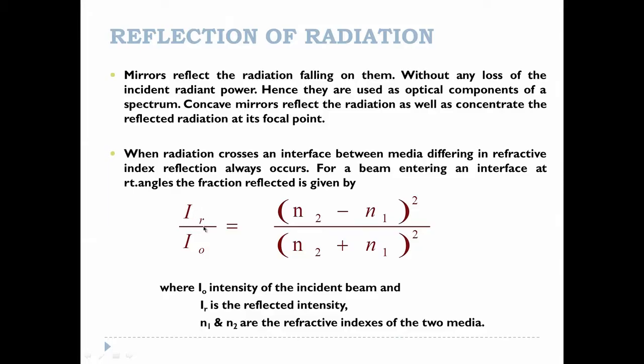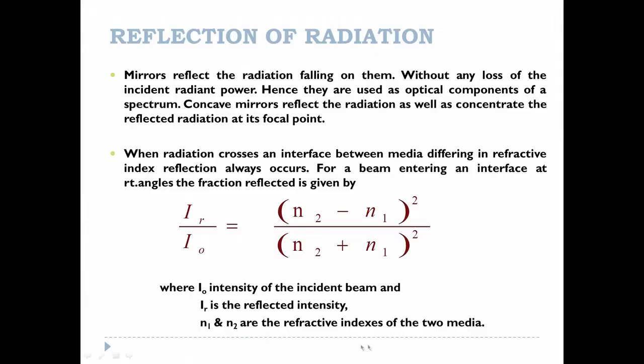The intensity of the reflected radiation divided by the intensity of the original radiation, IR by I0, is a ratio of (N2 minus N1) squared divided by (N2 plus N1) squared, where N1 and N2 are the refractive indexes of the two media.